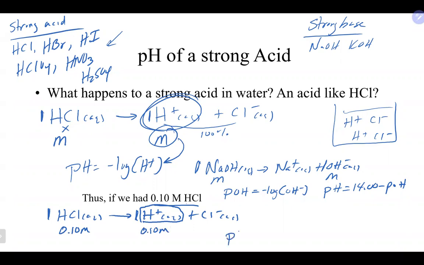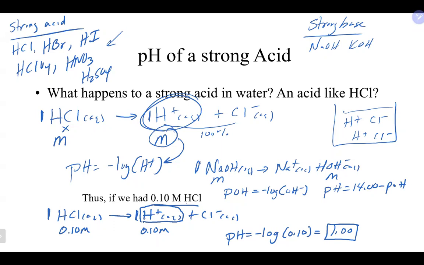And that's really all we need there to go into our pH equation of minus the log of 0.1. And that should give us a pH of 1 here. In this case, it would be 1.00. That is an acidic pH, which makes sense since that's an acid. So we should have obviously an acidic pH.